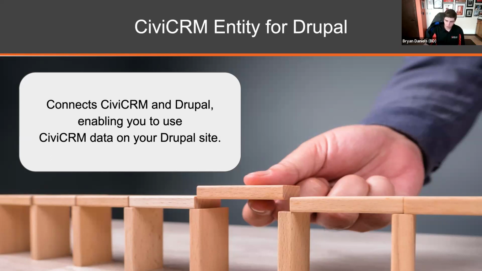So for example, we can create a report using CiviCRM Entity, and make it available to the general public or maybe just certain user roles in the site. Whereas if we didn't have that and the reports only lived in CiviCRM, they would have to have access to CiviCRM in order to see that stuff. So it helps with opening up some of the permissions to some of these pages.